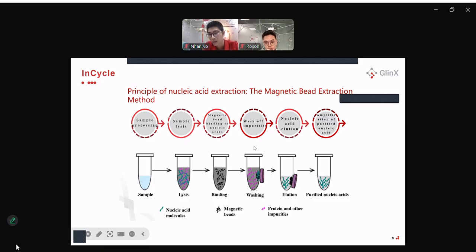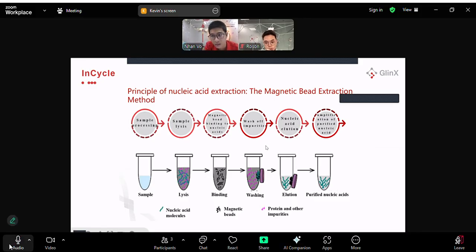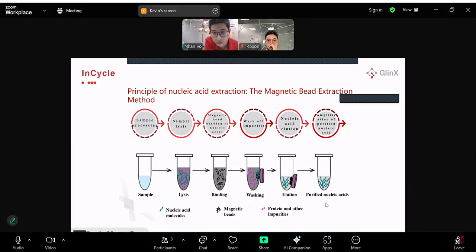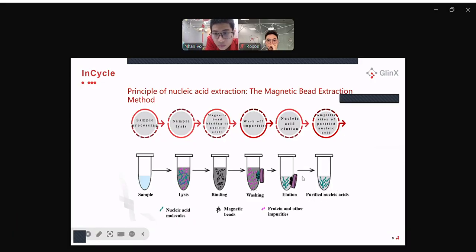Did you understand that? Then after we wash off the impurities, we can move the magnet away and release the magnetic beads and the target nucleic acids. At this stage, what is left within the tube is our target nucleic acids, so we can amplify them, and all of those impurities have been washed off.